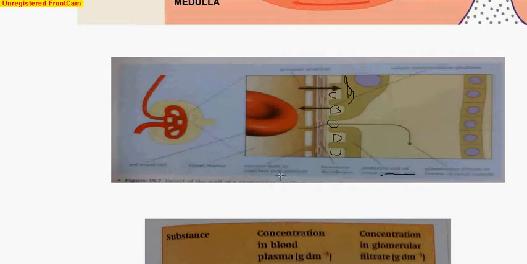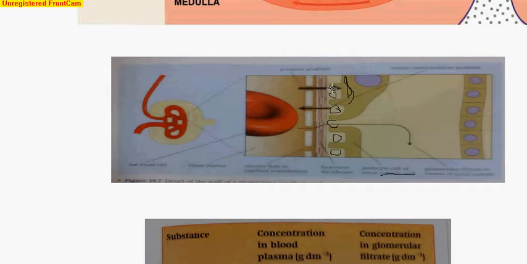You should remember that this one is related to the capillary. It has got nothing to do with the Bowman's capsule. It's part of the blood system, and it has these circular holes, so the blood can move this way.